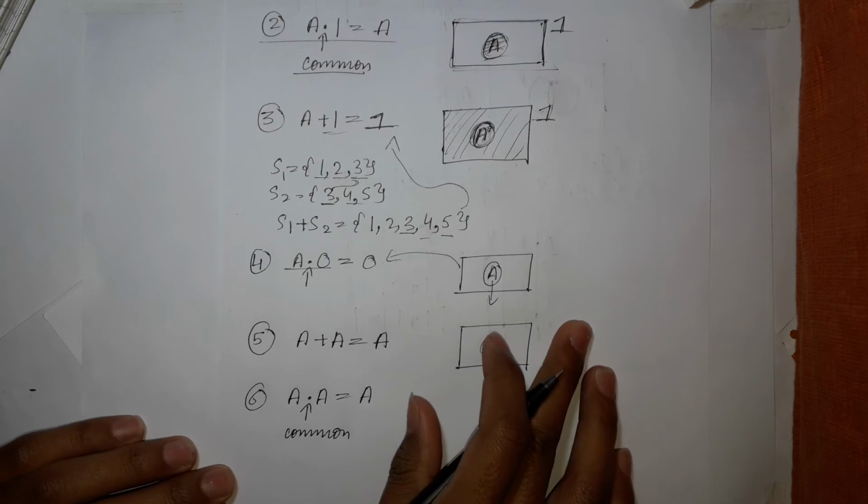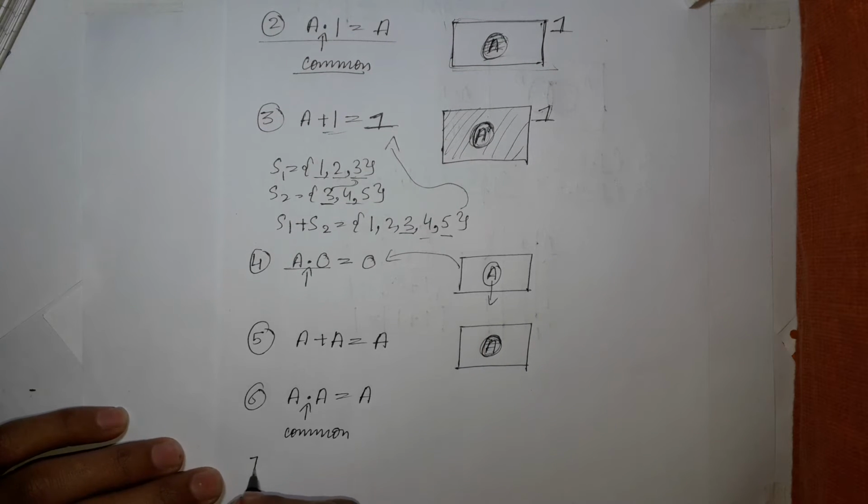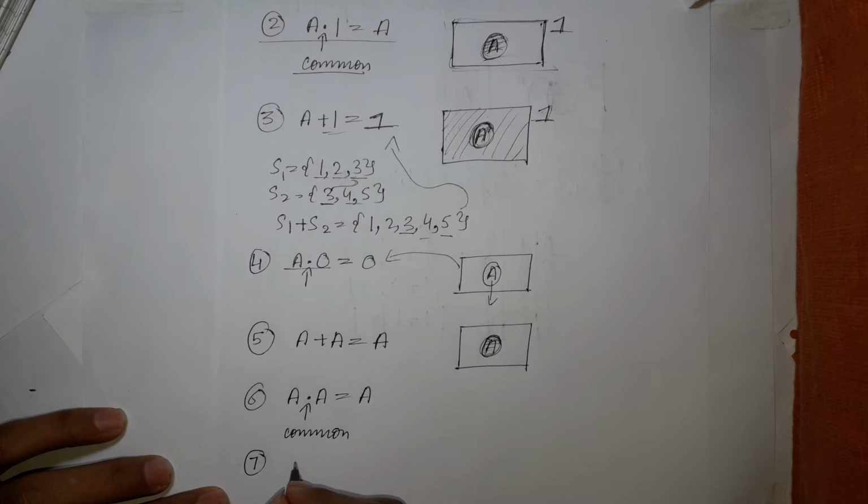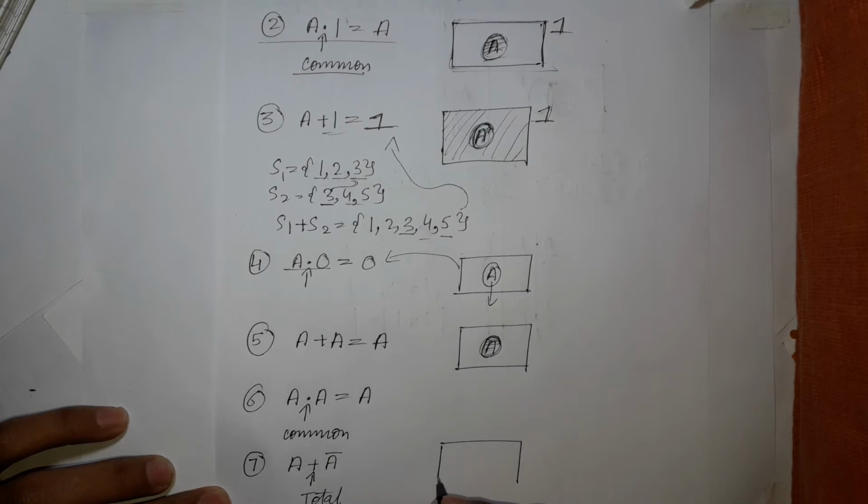Now next question, question number 7, that is A or A bar. Now again this represents the total region. Okay, so if we have here a Venn diagram, this is A, so this whole portion outside A is A bar.